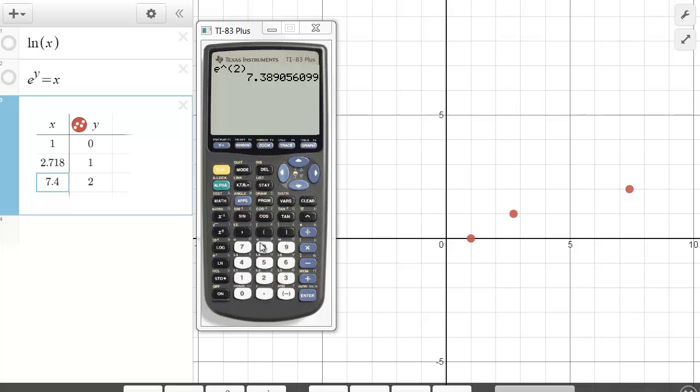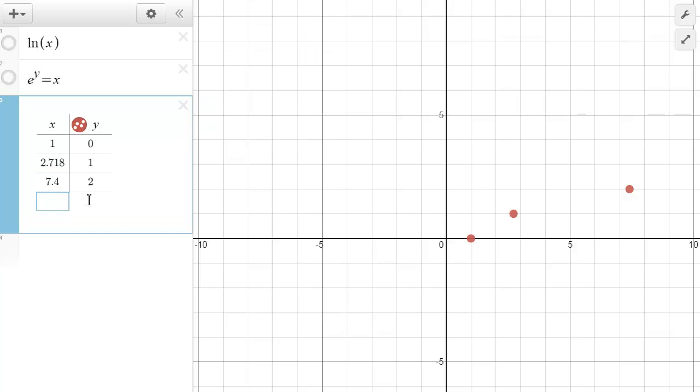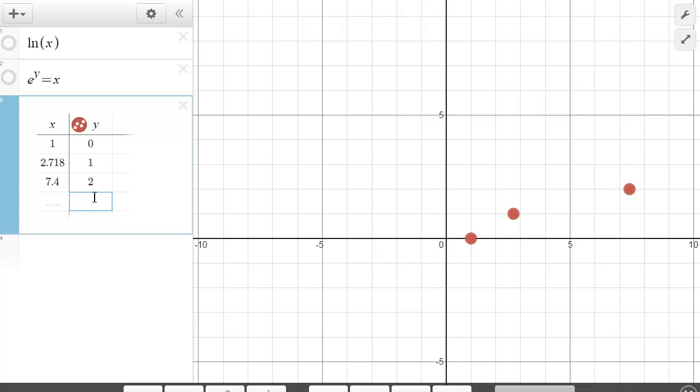I didn't add it to the top. When y is -1, we get 0.37.